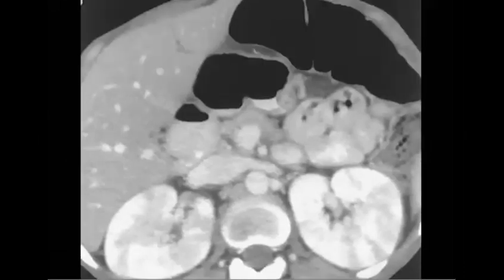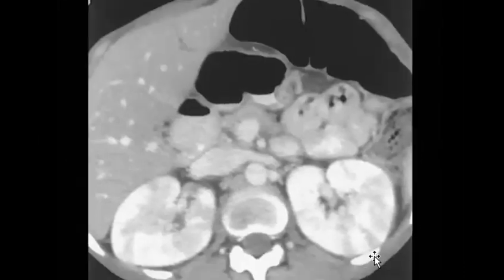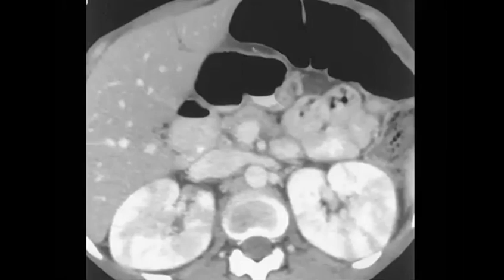Then you have in the CT this appearance. I hope that the image is a bit clear. So this patient is a young woman who comes to you in one of your nights in radiology emergency with abdominal pain. So what is your differential?